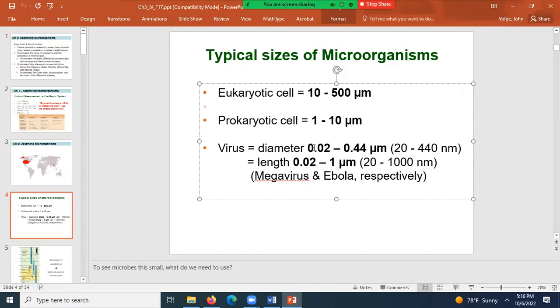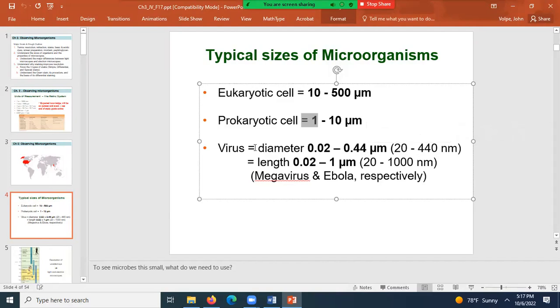Now, usually when we're talking about viruses, we use nanometers because they're so small, in which case they'd be 20 nanometers to 440 nanometers. You'll note that the largest virus is about the same size as the smallest prokaryotic cell.